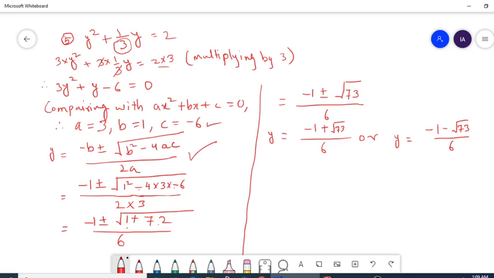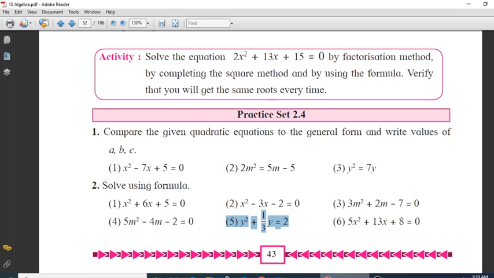Till now we have studied exercise 2.1 to exercise 2.4. Let me quickly revise what we have seen in those four exercises. In exercise 2.1, we discussed the standard form of the quadratic equation, how to write the quadratic equation in proper standard form, and how to find the values of a, b and c. As well, we studied how to identify roots of the quadratic equation.